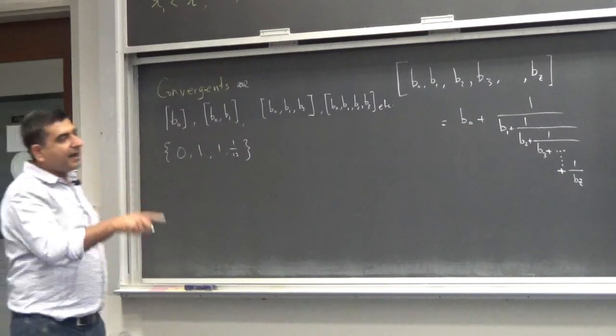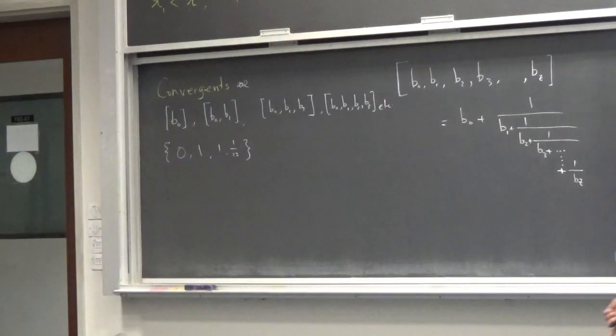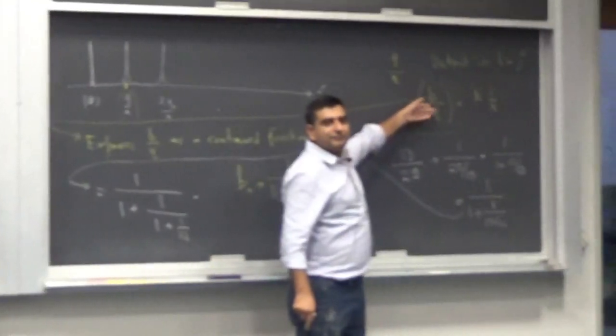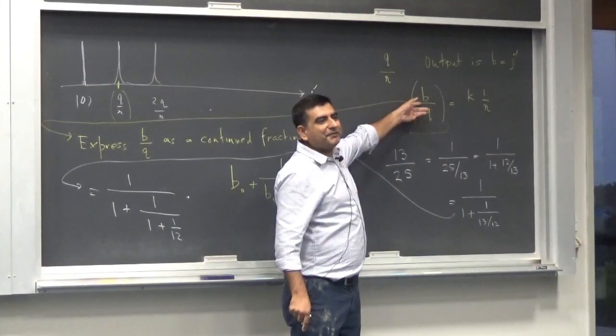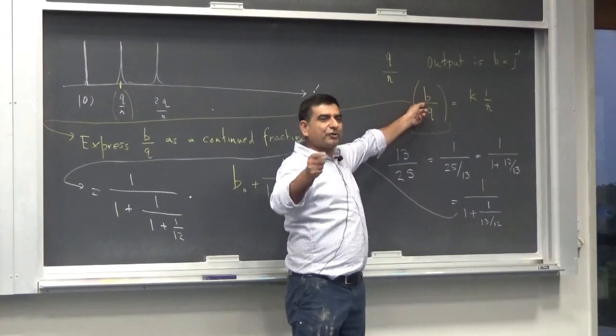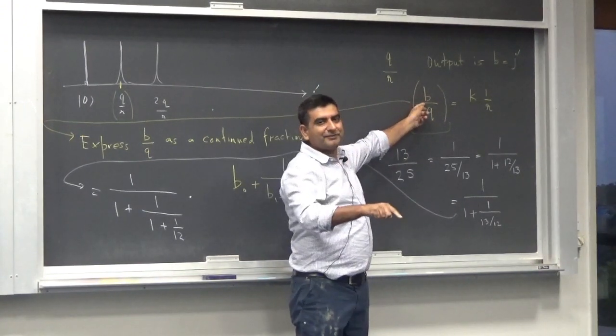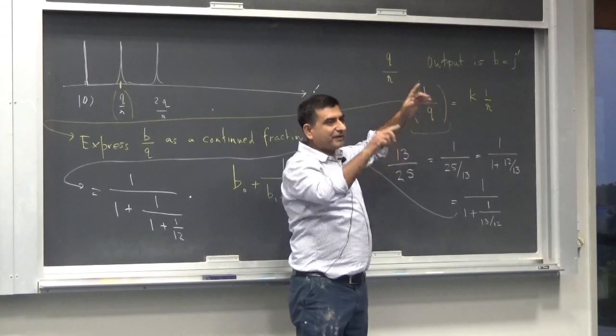So now when I have this number b over Q, where b is the integer that I get as a result of a quantum measurement, and I divide it by Q, I get a fraction.